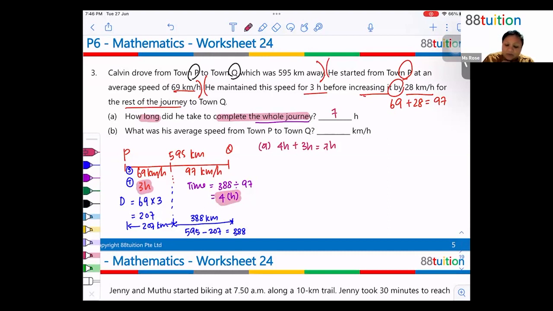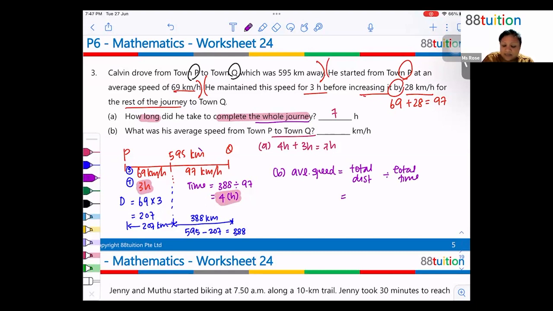All right. Now, what was his average speed from P to Q? How do we find average speed? For part B, average speed is equals to the total distance divided by the total time taken.